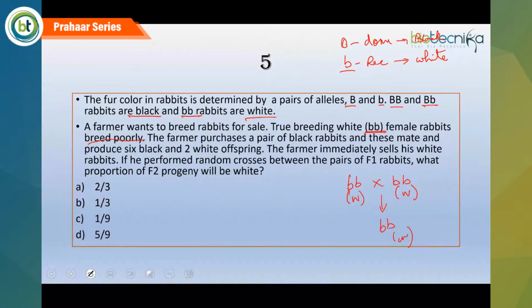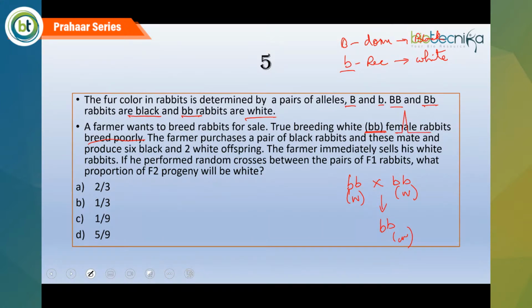Do you all follow so far? The easiest way of breeding a white rabbit will be you cross 2 white rabbits. Correct? But that is not possible, or not economical. Why?